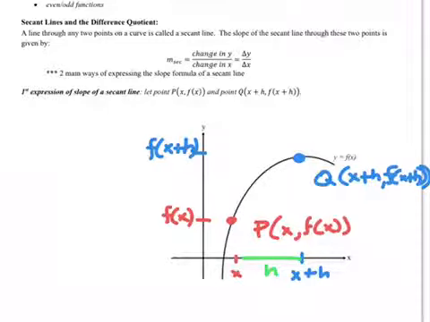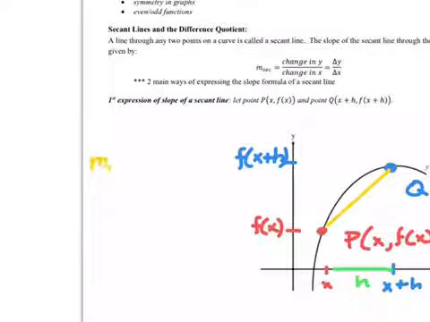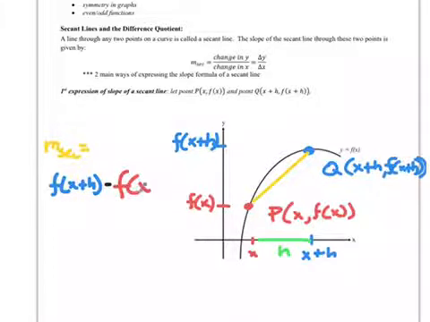So when finding the slope of the secant line that connects these two, we're going to take y2 minus y1 over x2 minus x1.